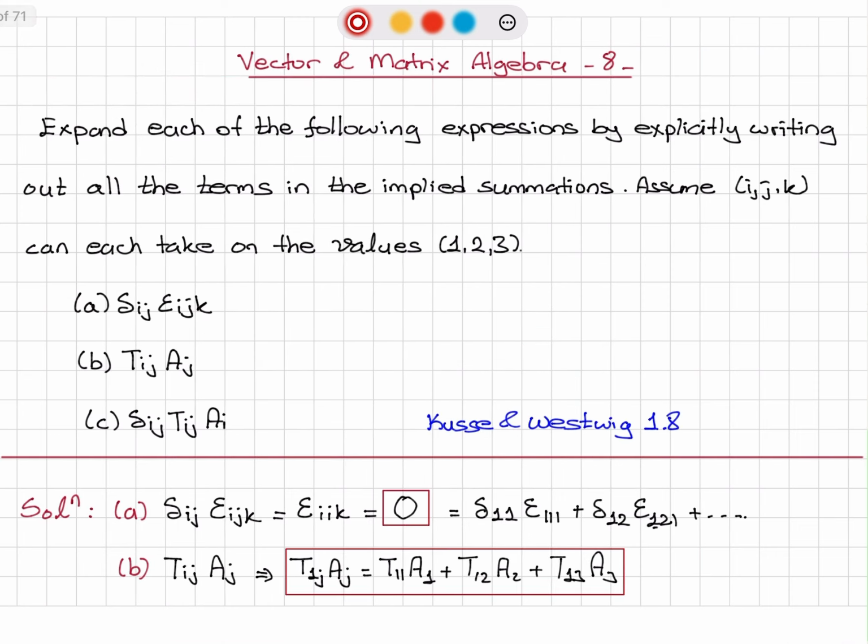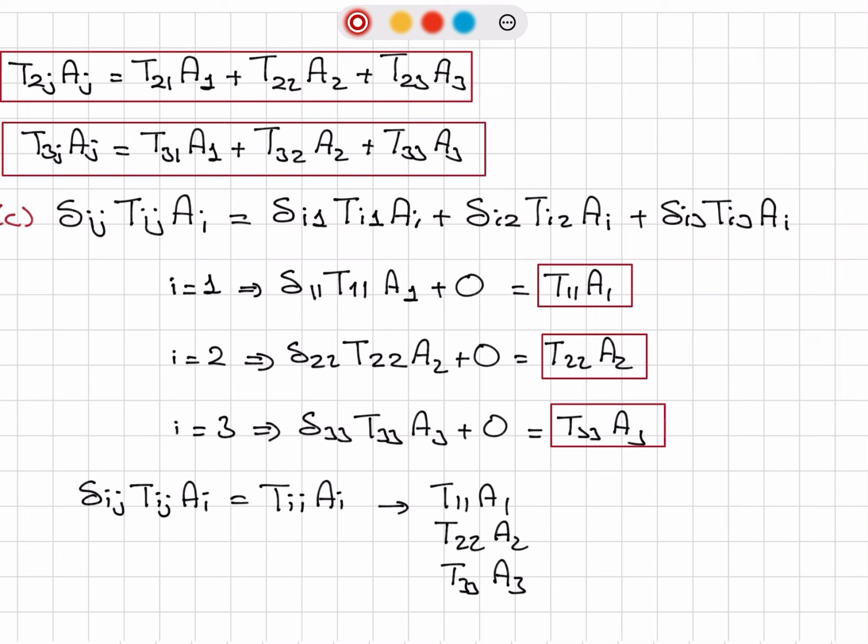If we do this explicitly, this is going to be equal to delta i1 Ti1 Ai plus delta i2 Ti2 Ai plus delta i3 Ti3 Ai, because the implied summation is over the j index. That's the repeated index, repeated twice. And now if I substitute i equal to 1 here, this gives me T11 A1.